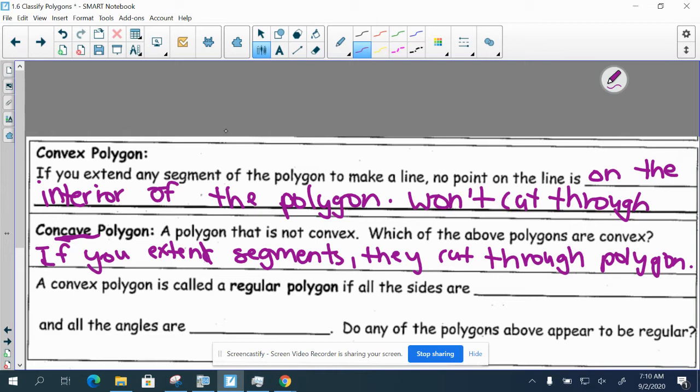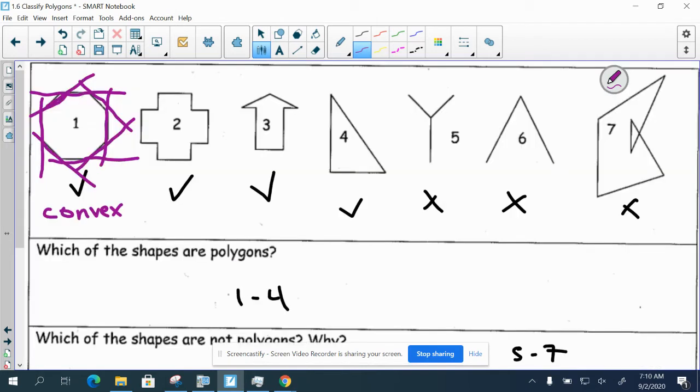So let's decide which ones would be convex or concave. Let's take a look at number two. Let's extend each segment. Well, that one's safe. That one doesn't cut through the polygon. But what if we take this segment here? It cuts through. So that would be considered concave.